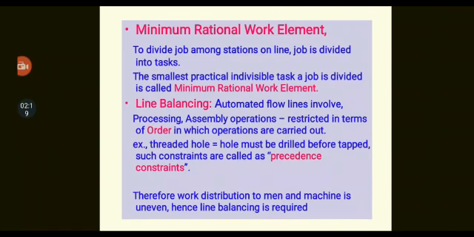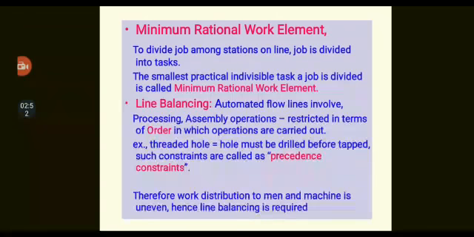Next, line balancing. Already we discussed line balancing in the first slide. Moreover, we will go through once again. Line balancing: an automated flow line involves processing and assembly operations restricted in terms of the order in which operations are carried out.